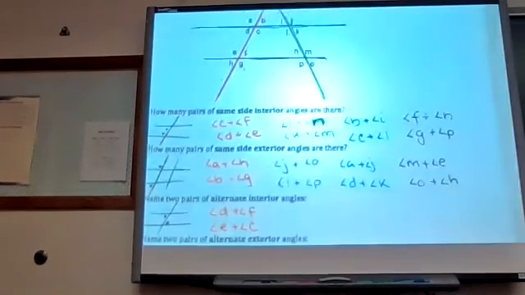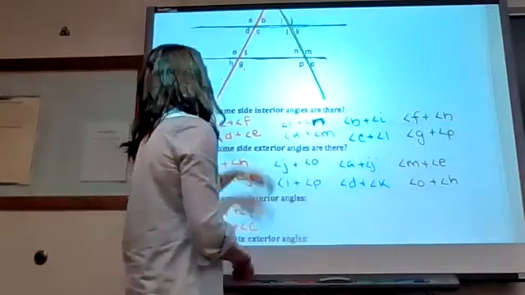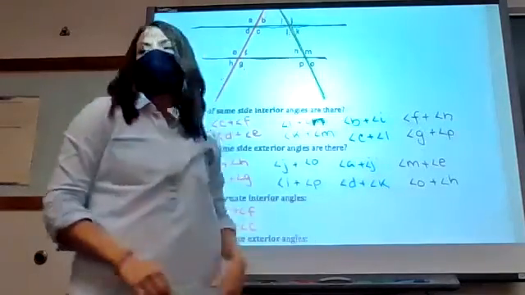So what do you think on the green transversal? What do you got? K and N and M and L. Good.